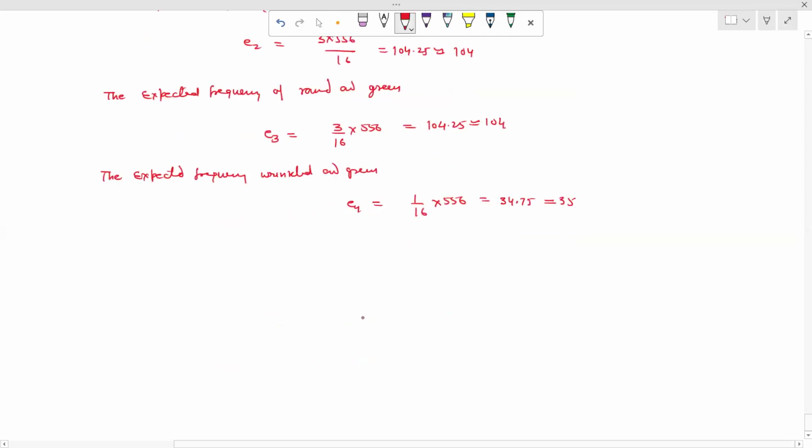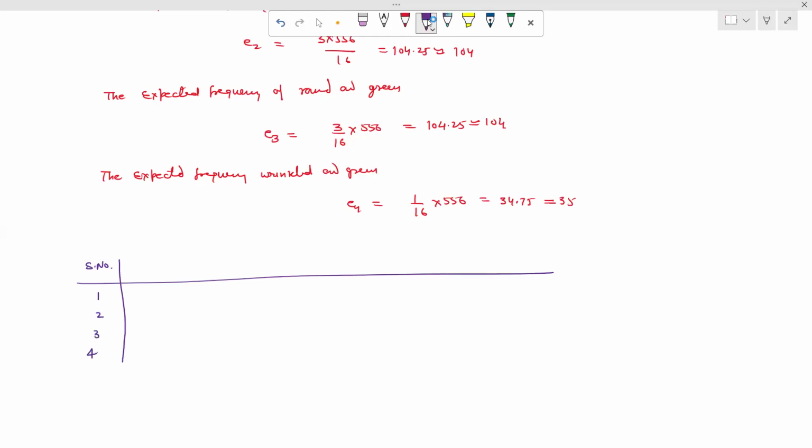Now we have to calculate the value of chi-square. For calculating the value, we generate the table. First we write down the serial number. We have four types of seeds, 1, 2, 3, and 4. First we take a column for observed frequency, denoted as OI.